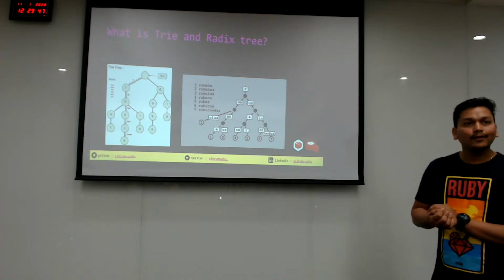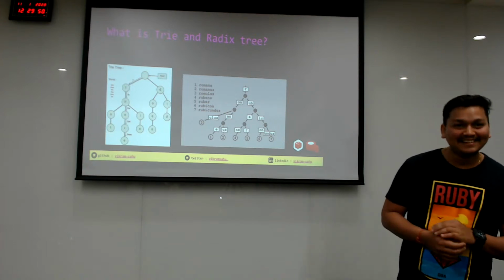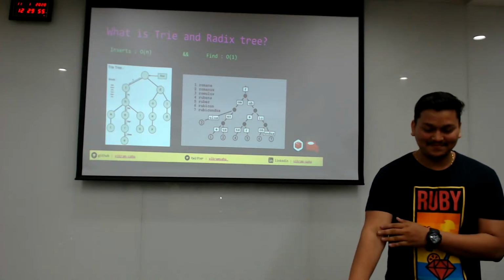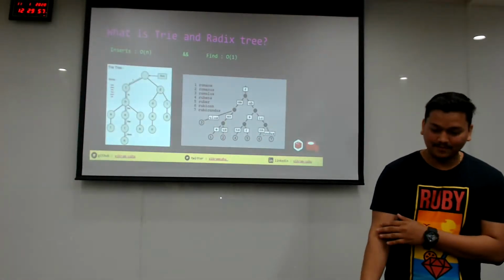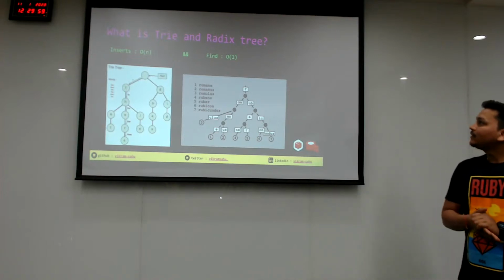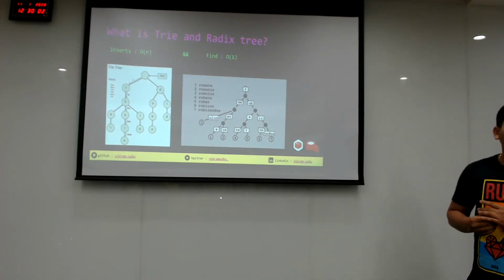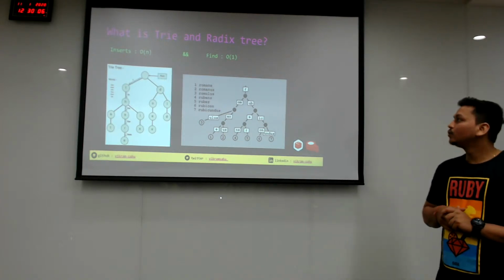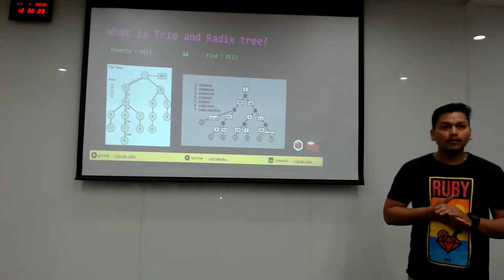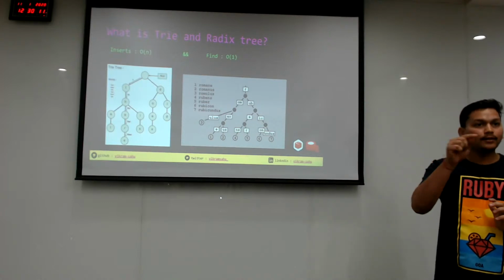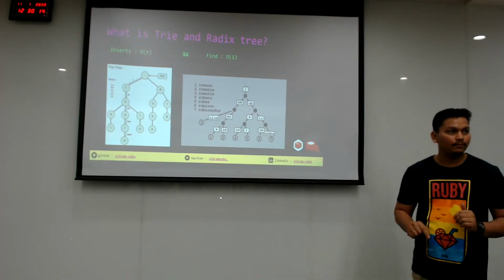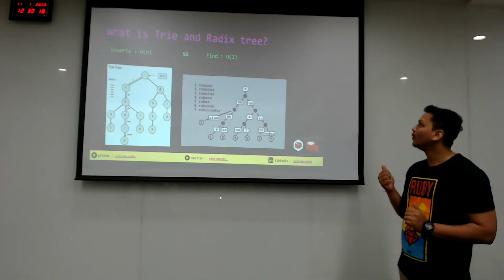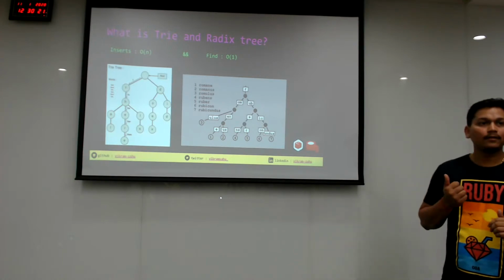So now I think everyone knows what a trie and a Redis tree are. Inserts will be O of n complexity, since for every insert it needs to traverse each and every node. But the search is O of one.